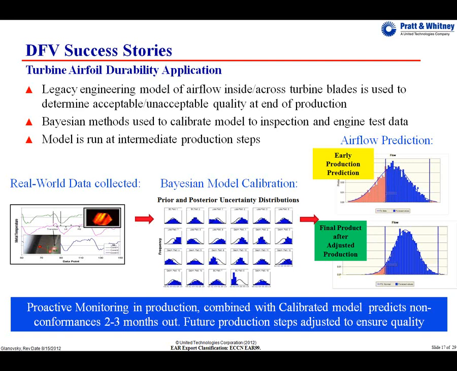Because we made the model parametric, able to take any possible set of inputs and not just the one set of nominal and design inputs that it was created with, we found that we could take any airfoil anywhere in the process of being produced and refined, take all of the inputs that are known, and just put distributions around the ones that haven't yet been created to reflect their specs, run it through in Monte Carlo, and now you get a distribution that shows you what your chances are of this blade, when it's finally finished being produced, meeting your airfoil requirements or not meeting them.